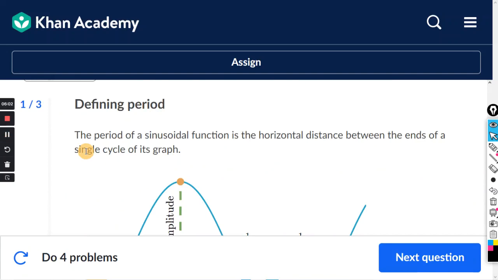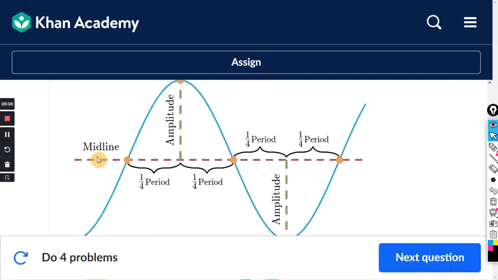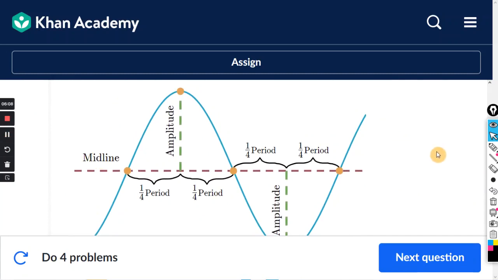So if I could show you their solution, if you'll notice, when they go from the midline to the maximum, that distance right there is 1/4 of the period. And then when they go from the maximum to the midline again, that distance is also 1/4 of the period.